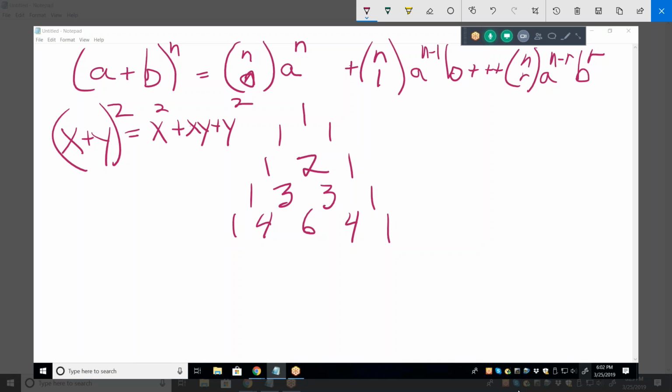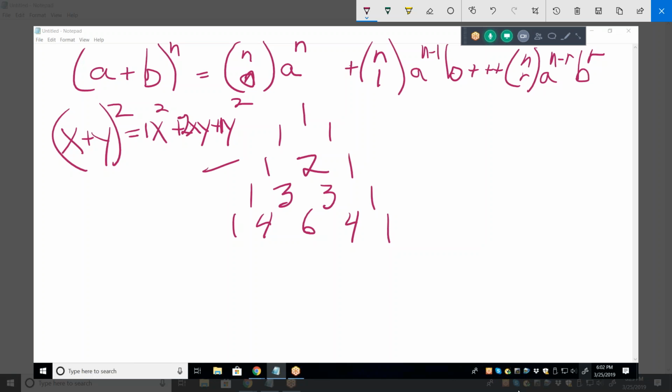Look at the coefficients of those three terms: 1, 2, 1 matches the third row of Pascal's triangle. So whatever this exponent is, you need to go to that exponent plus 1 in Pascal's triangle.